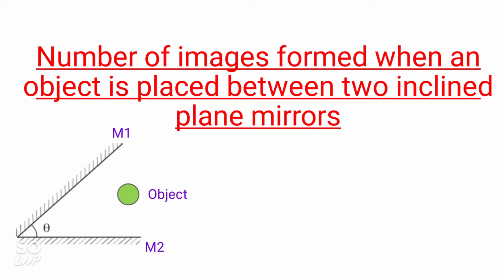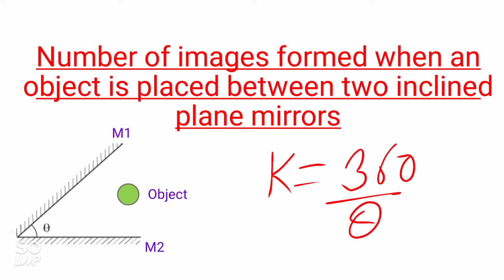Now to determine the number of images so formed, we'll use an expression k equals 360 by theta. Okay, how this expression is used, let's see. Generally there are two conditions for determining the number of images. First of all, let's see case 1.